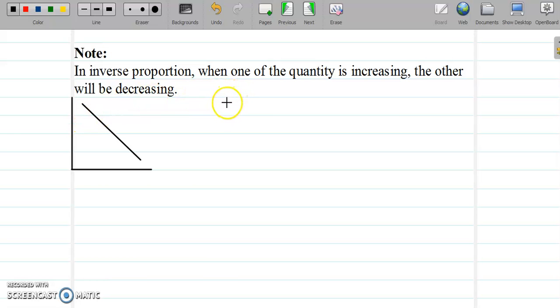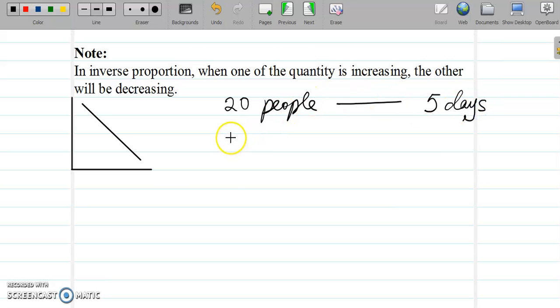For example, in a workshop, if 20 people can do a work in 5 days, then how many days do you think 4 people can do it?